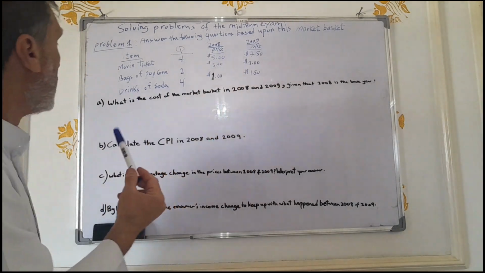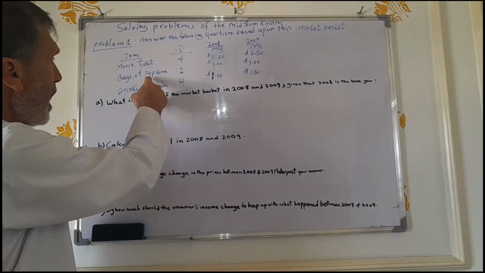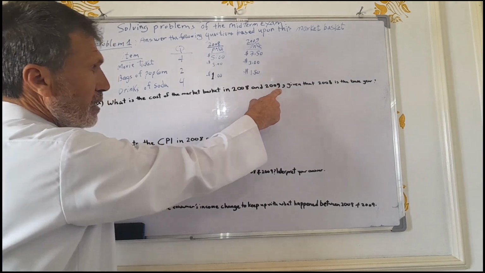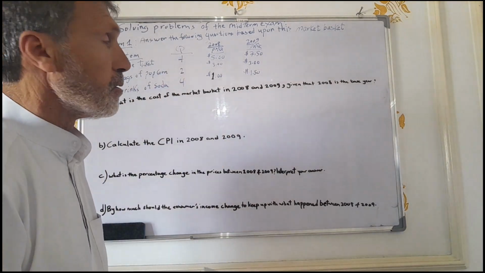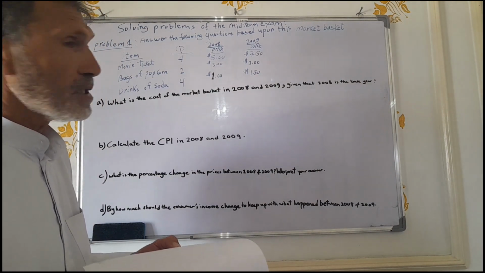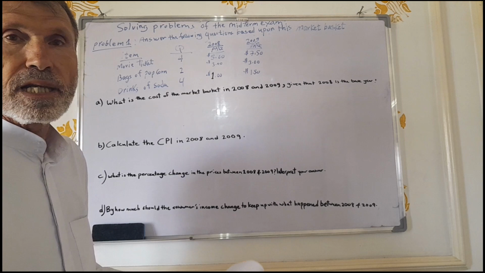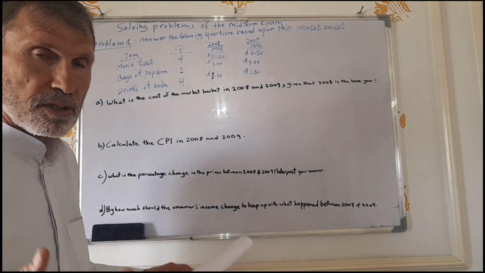Now, the first question is, what is the cost of the market basket in 2008 and 2009, given that 2008 is the base year? When we talk about the cost of the basket, it's the same thing as the total expenditure on that basket in 2008, which is the base year.